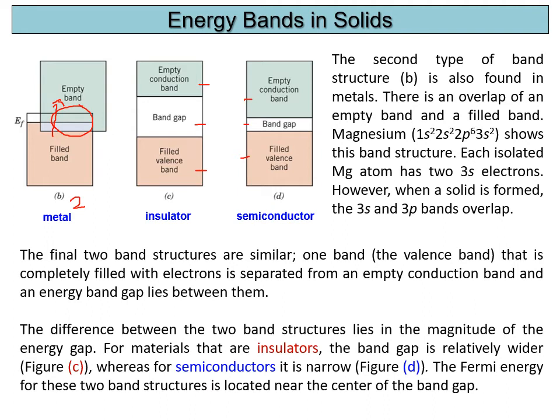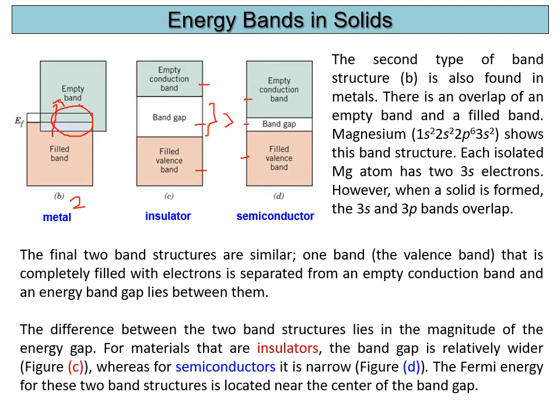But the difference between these two lies in the magnitude of the energy gap. So we can see here the energy gap for the insulator is bigger compared to the band gap of the semiconductor.